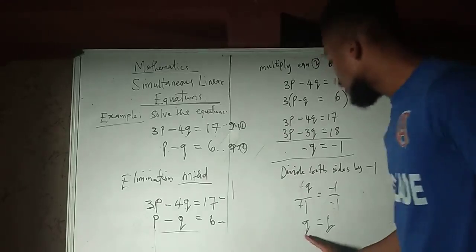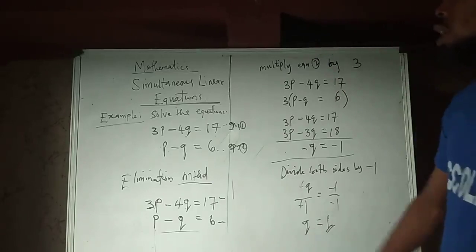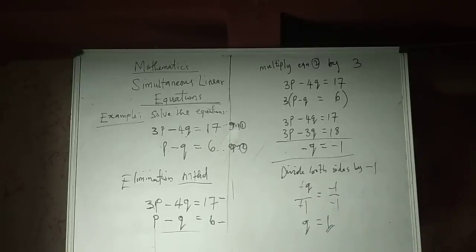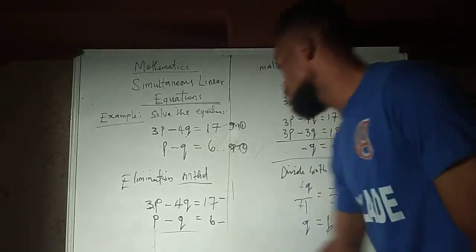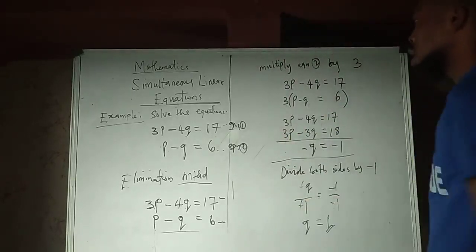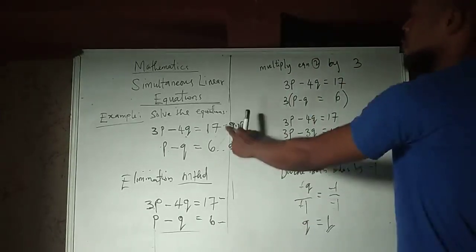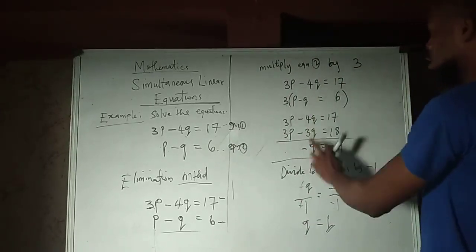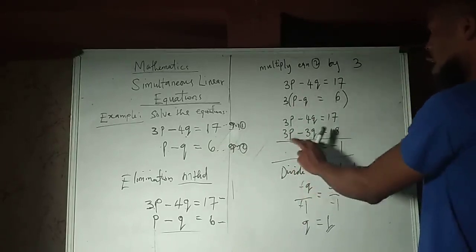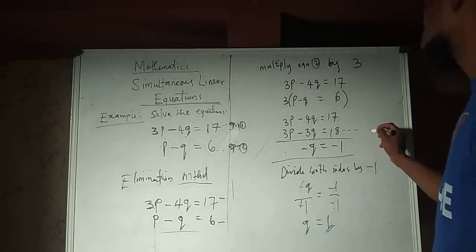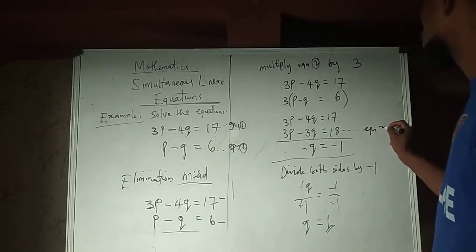Alright, so now that we have gotten the value of q as 1, after doing this elimination, what we are going to do next is to find p. I can use any of the equations, this or this, or even this one. Remember, this is the one I got from the multiplication, which I can call equation 3.